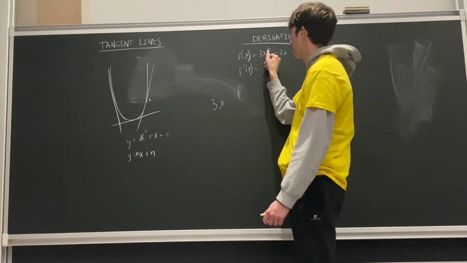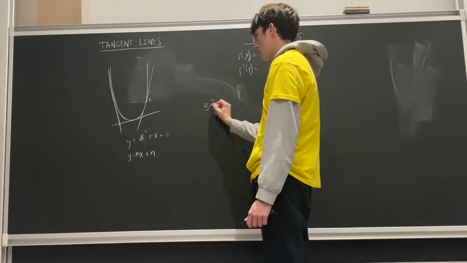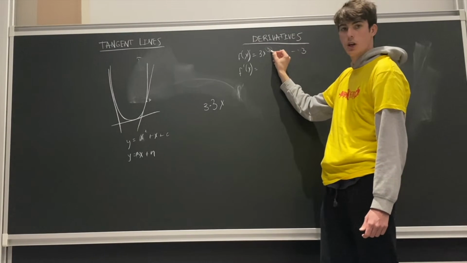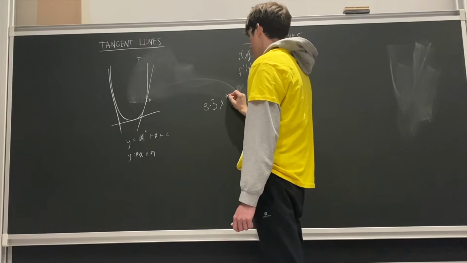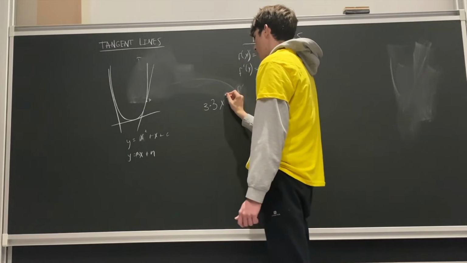Now we take this 3, put it down, and it multiplies the rest. Then the 3 in the power is subtracted by 1, so 3 minus 1 is equal to 2, okay? So we put 2 directly.